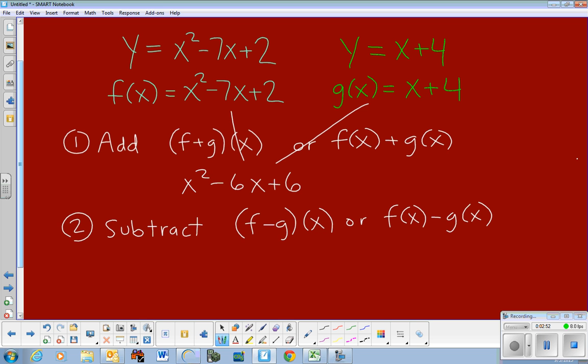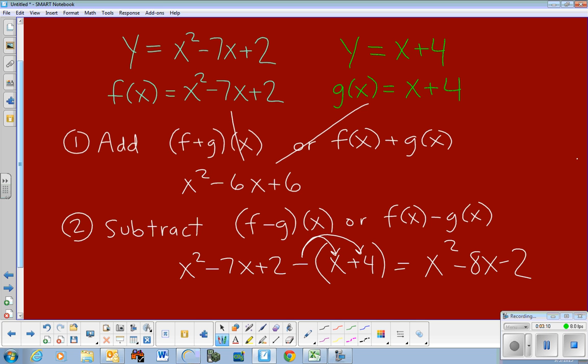It's going to be the first minus the second. I'm going to get x squared minus 7x plus 2 minus, make sure you subtract the entire second function. So that negative is going to distribute, and we'll get x squared minus 8x minus 2. All right, so nothing big here. When you learn about polynomials, you combine like terms, so we haven't really done anything different than that yet.